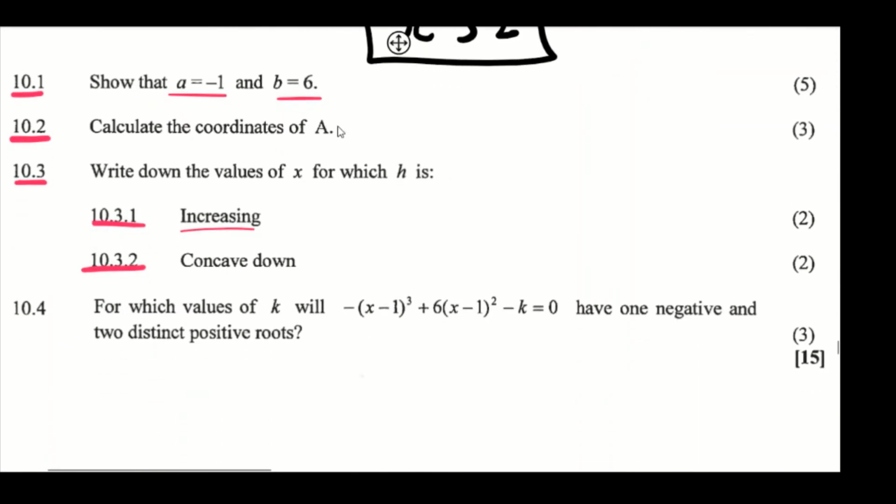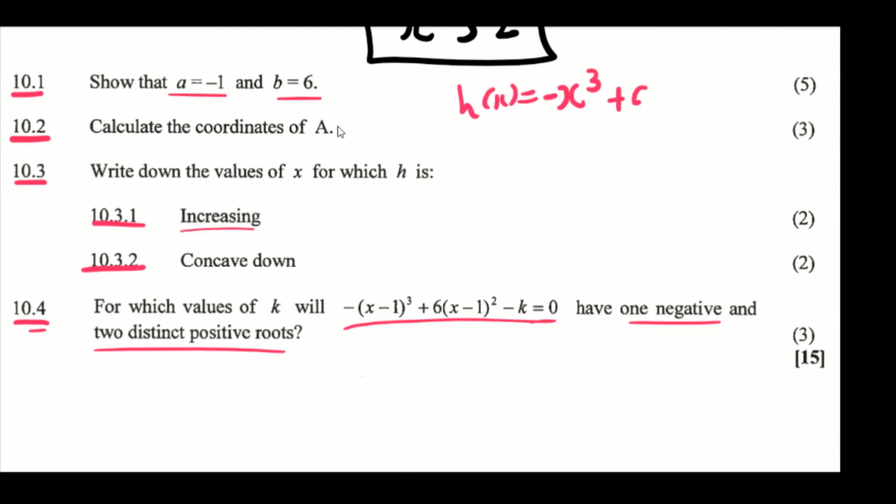Then now we're having 10.4, which says: for which values of k will this expression equal to 0 have 1 negative and 2 distinct positive roots, right? So what this means is, remember that h of x was equal to minus x cubed plus 6x squared, right? So what they did here, they just substituted.